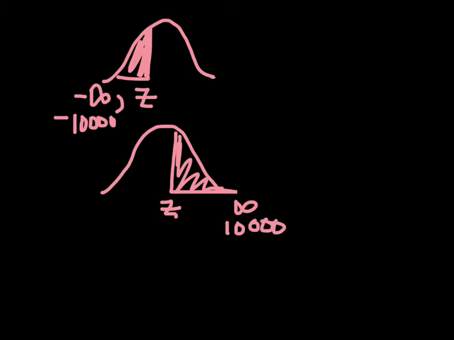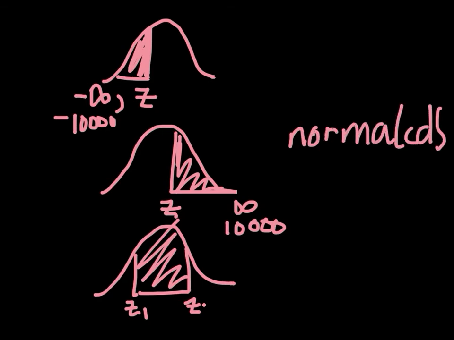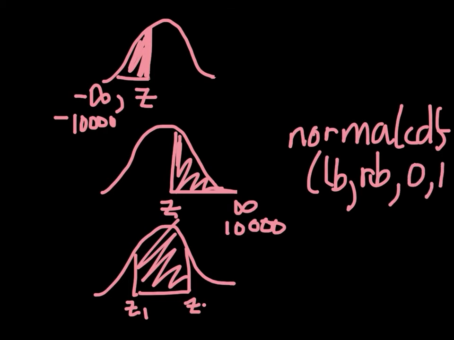That should accomplish the same purpose. And finally, when you want area in between, you're going to have a z here and a z here. In that case, your left bound is the smaller z and your right bound is the larger z. Then you just put 0, 1 for the mean and the standard deviation of the standard normal curve, and the normal CDF function on your calculator works really nicely.